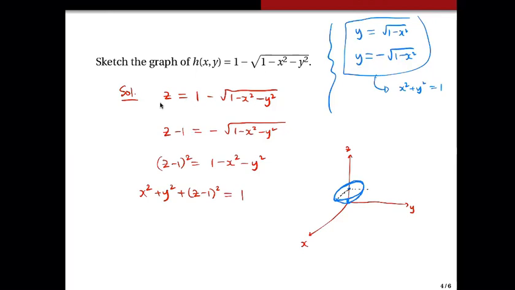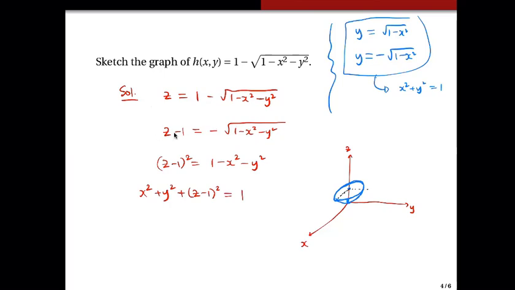Same is true with this equation. You look at this. We put this one on the left-hand side, so we got z minus 1. And then this guy here, we have the square root thing. The principal square root is always positive, but we have a negative on this part here, which means the value of z minus 1 must be negative, whatever you replace x and y with, as long as it's possible.